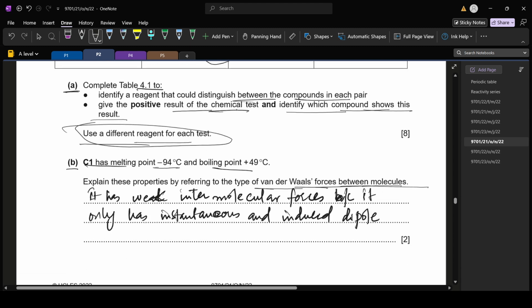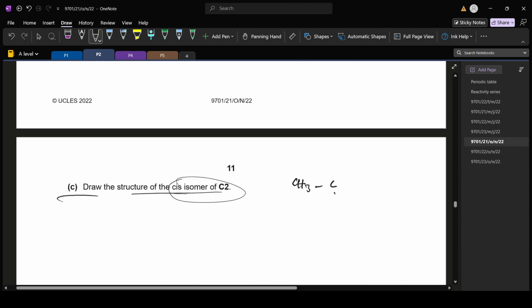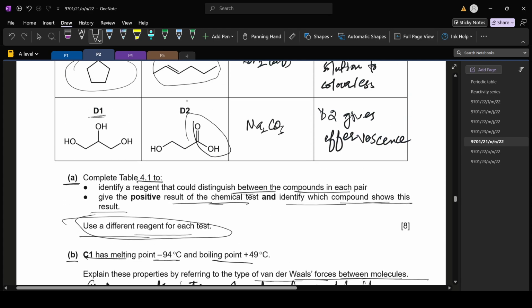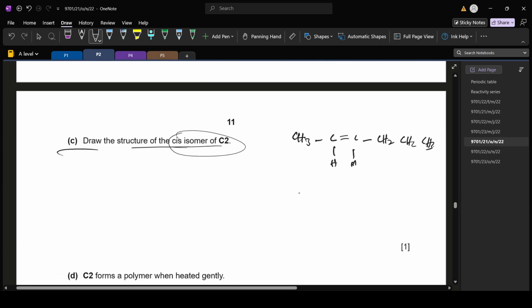So you have CH, then CH3, CH2, 1 2 3 4 5 6. This is your structure. Now this is the cis isomer. You have to draw a structure of cis.